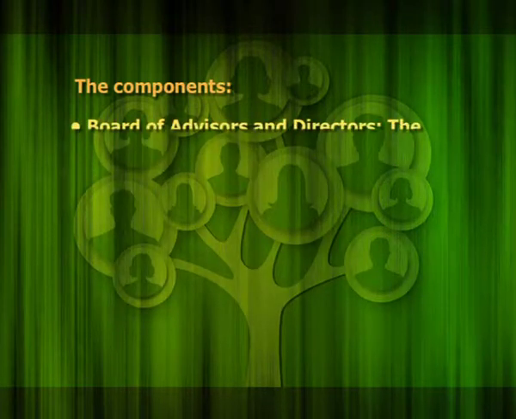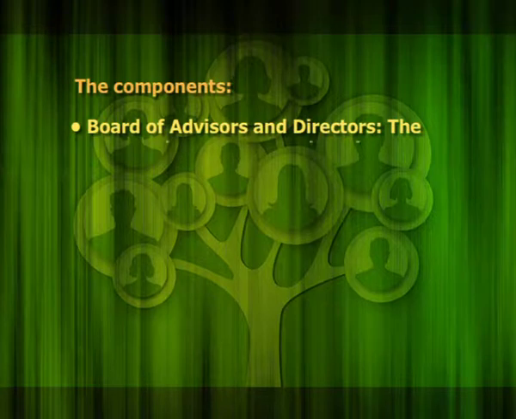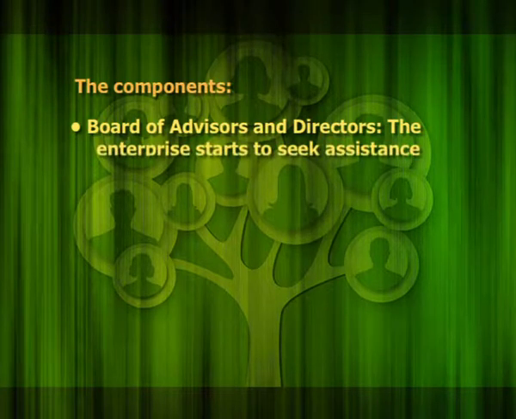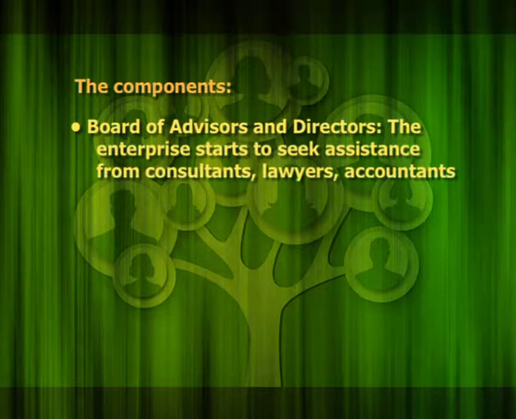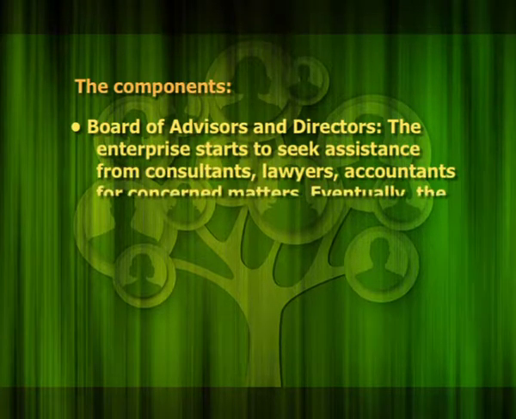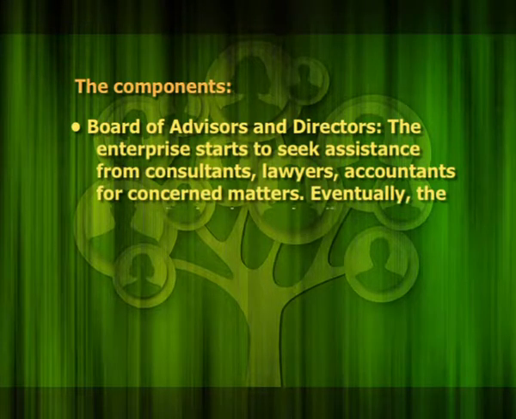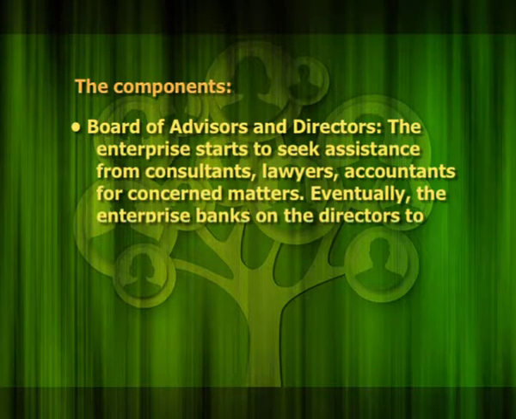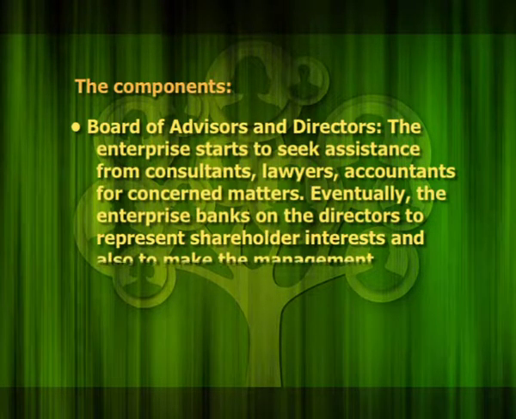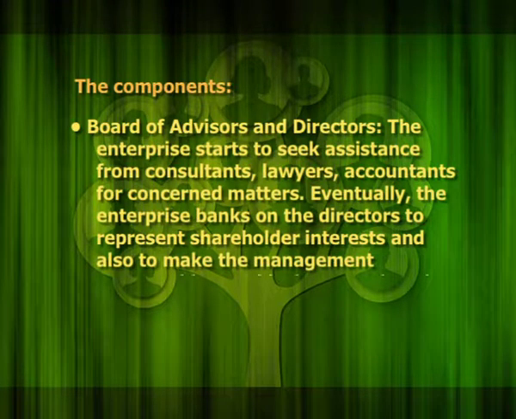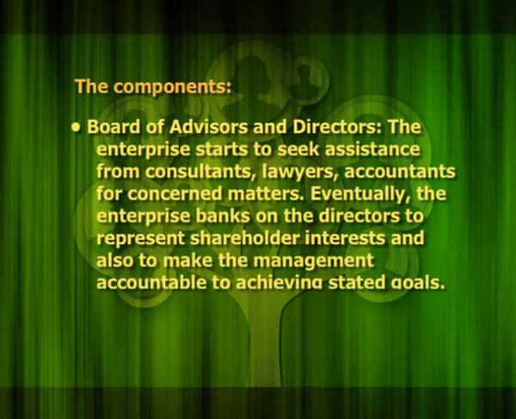The fifth is board of advisors and directors. The enterprise starts to seek assistance from consultants, lawyers, accountants for concerned matters. Friends, eventually the enterprise banks on the directors to represent shareholders' interest and also to make the management accountable to achieving stated goals.